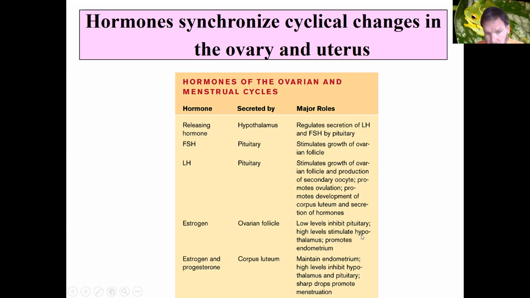Estrogen promotes thickening of the endometrium lining. This is where the fertilized egg, the zygote, will implant if there is fertilization. And then estrogen and progesterone maintain the endometrium and will stop the cycle going any further if there is pregnancy.